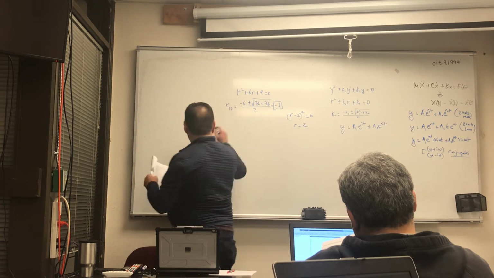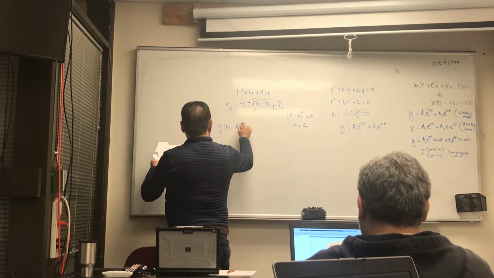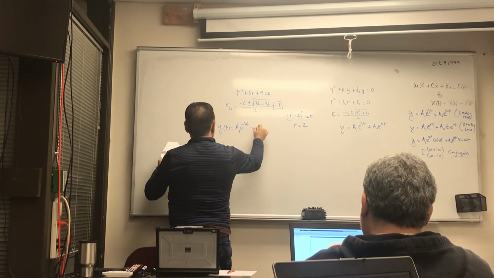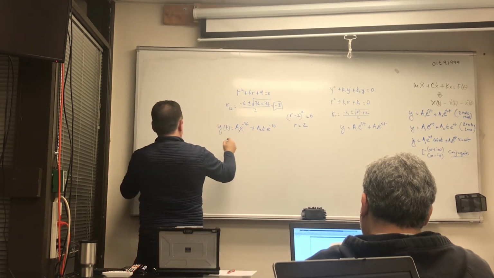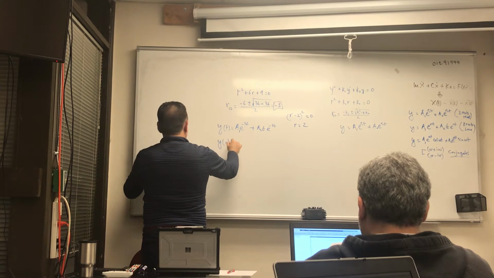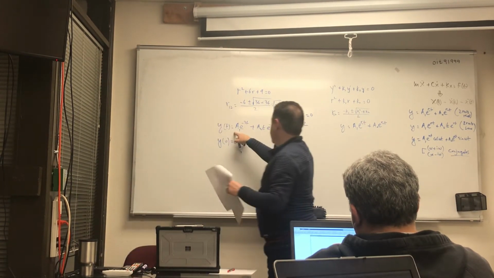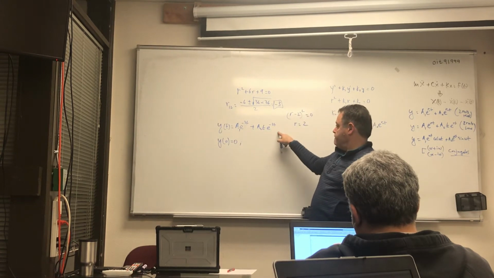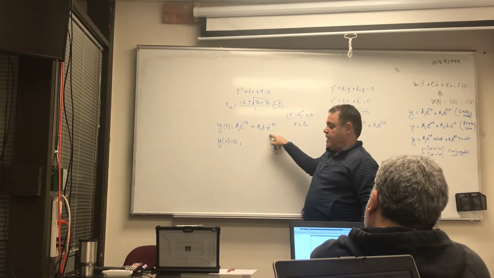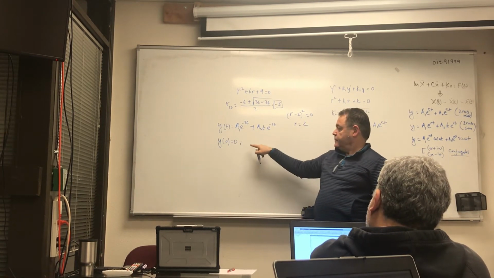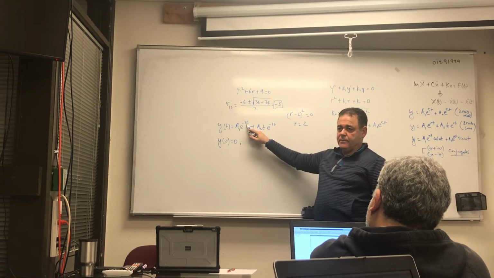Okay, so let's look at that. y(t) is equal to a1 e^(-3t) plus a2 t e^(-3t). What are the initial conditions? y(0) is equal to 0, right? But if I replace t by 0 here, what do I get? What's e^0?